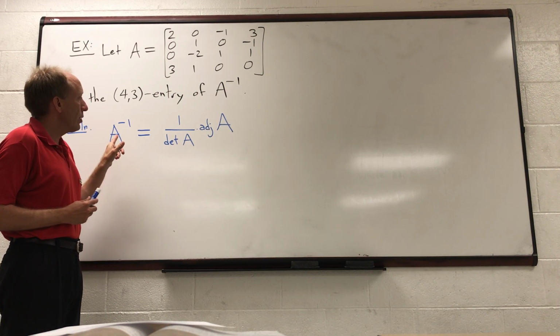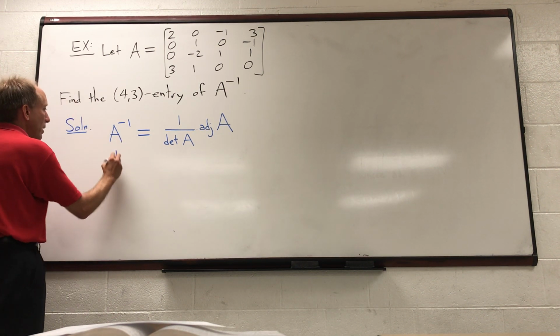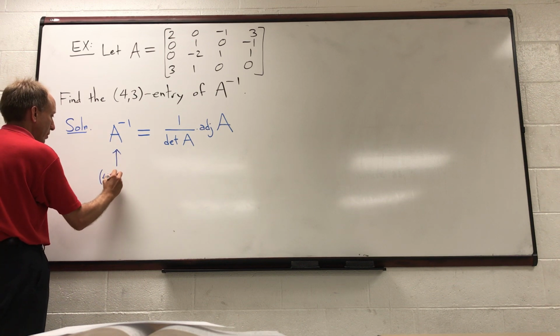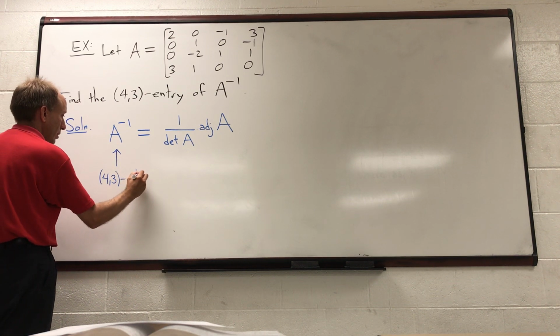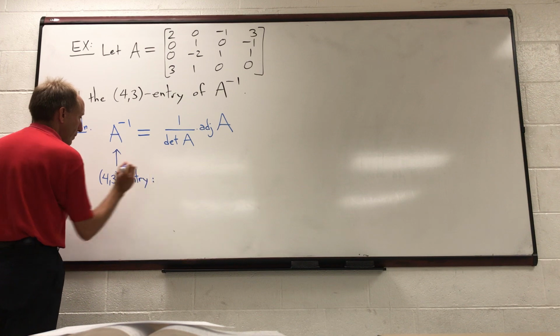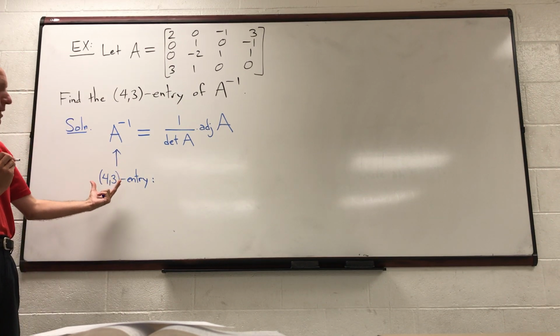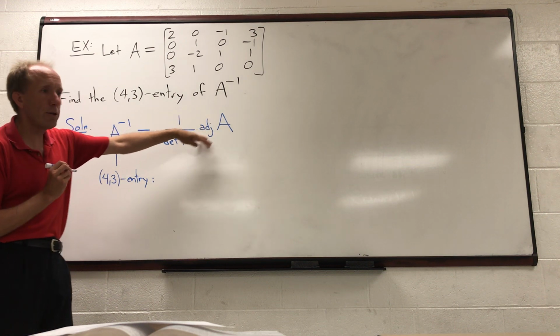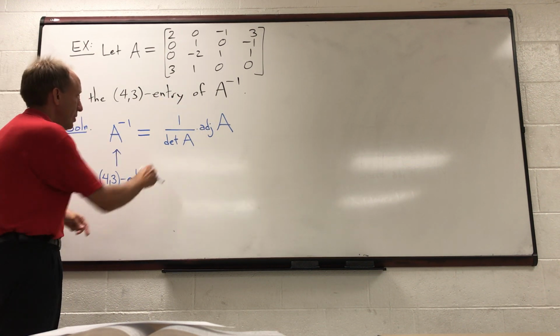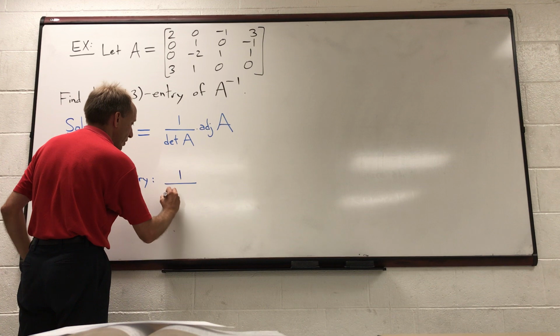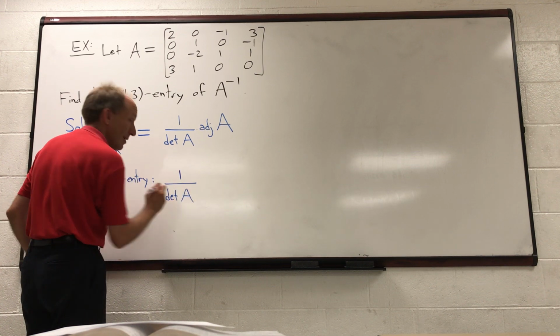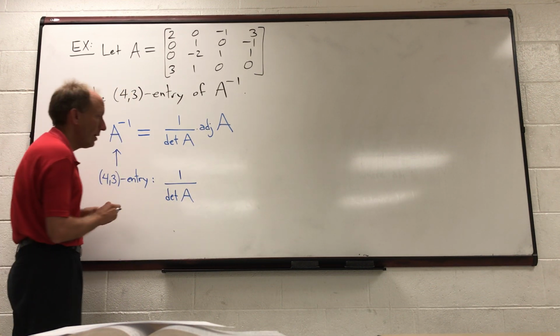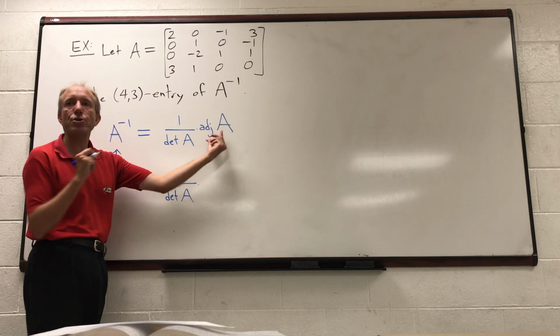If we want to calculate a particular entry, the 4, 3 entry, then I can look at the other side of the equation. What would it consist of? It's going to have the determinant of A on the bottom, and then the 4, 3 entry of the adjoint.